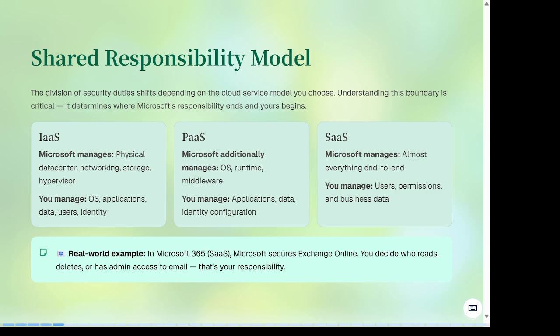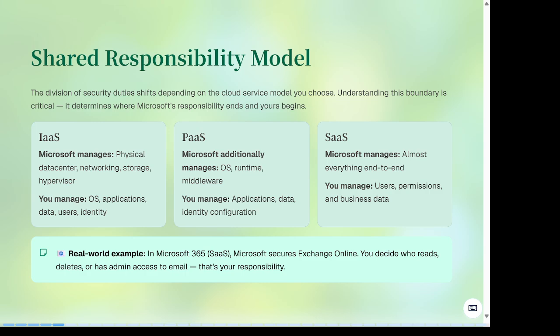Who configures those permissions? You will configure it. The customer will configure it. Microsoft secures the service. You secure how your organization uses the service. That's the shared responsibility model in action.